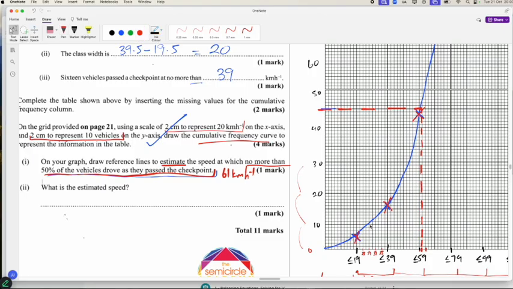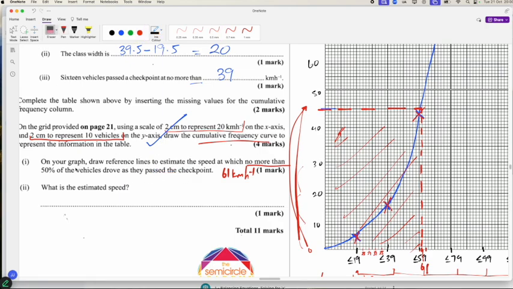No more than 61. Because remember, if we count this to be the 61, then anything below the 61 here is less than 61. From 0 to the 45, all of these here are less than the 61. So no more than 50% of the vehicles.